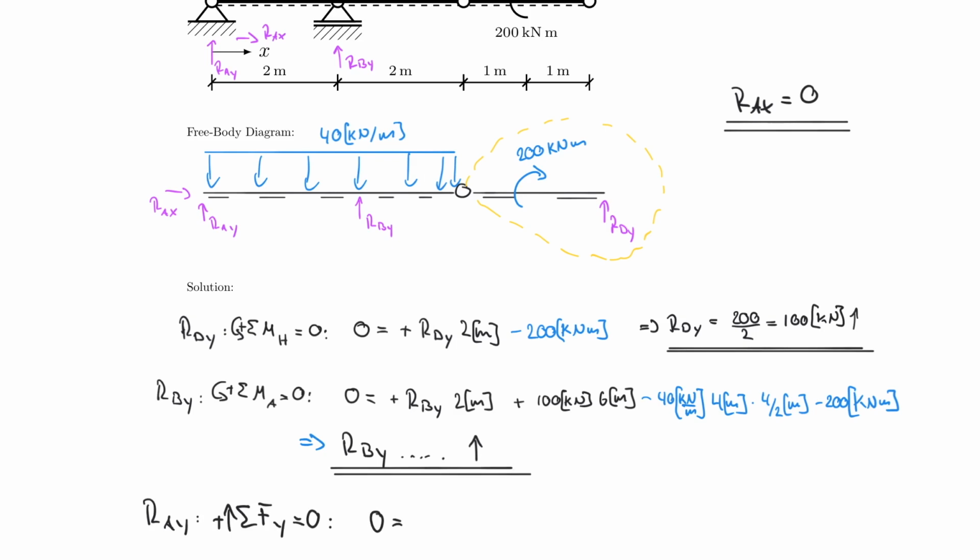And 0 would be equal to plus RAY, because I assumed that to go upwards, plus RBY, which of course technically I would know at this point, plus RDY, which I already know is equal to 100, so I might even plug that in here, minus 40 times 4. And that's all I need to know. This one here I already know from right here. So RBY would pretty much go into this equation.